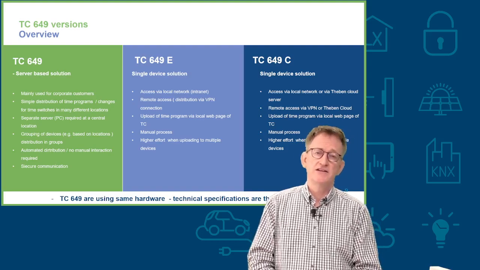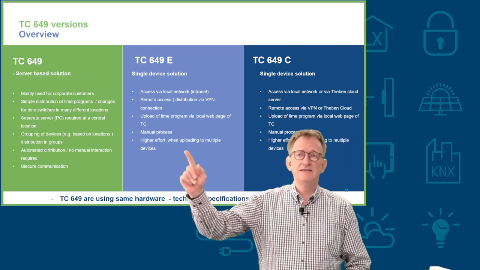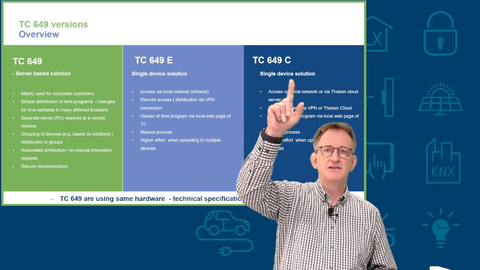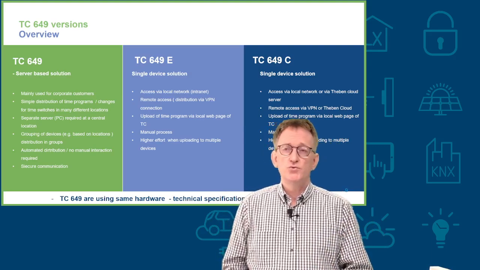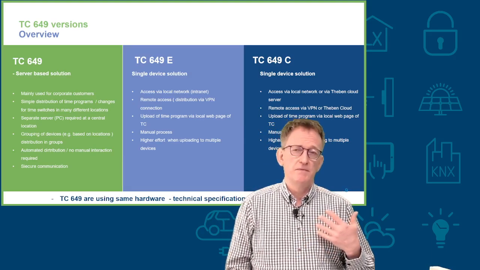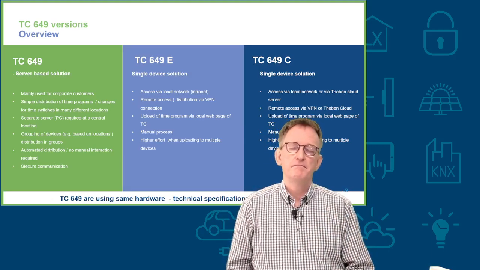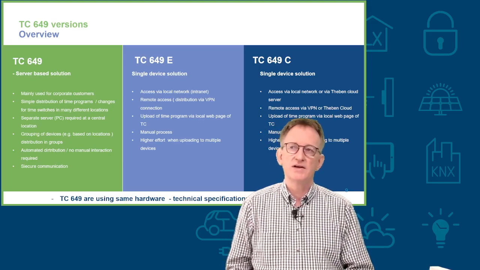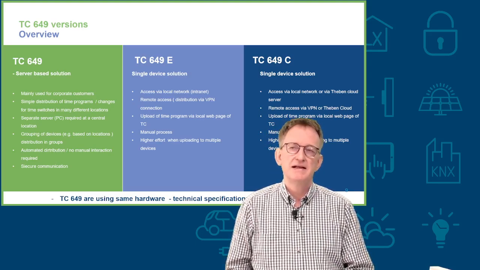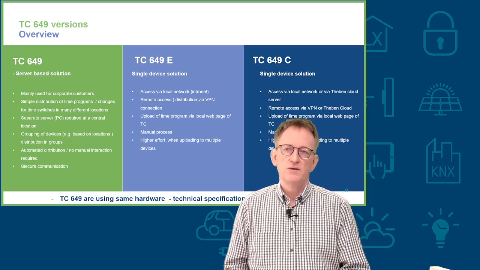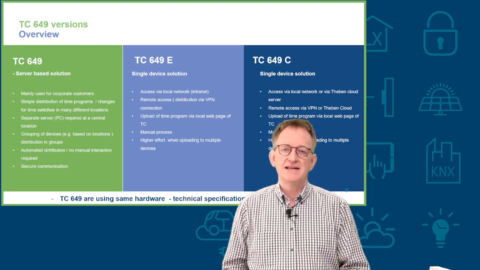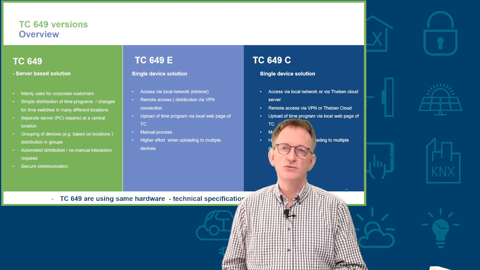Then we have two additional versions, the TC649E and TC649C, which we have developed based on exactly the same hardware as the server-based version, but with its own web server, where you can very easily set up the devices locally in your network.